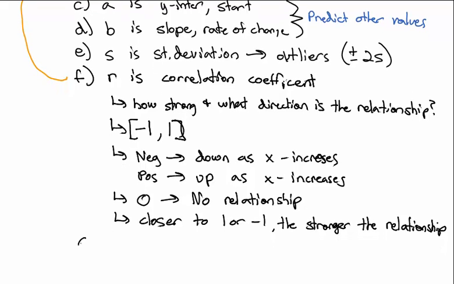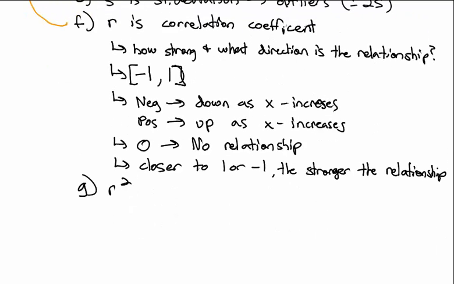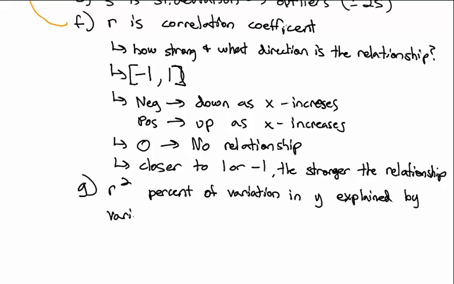Another interesting value to us is if we calculate R squared, which is done exactly like you would expect. You square the R value. R squared is what we call the percent of variation in y explained by the variation in x.